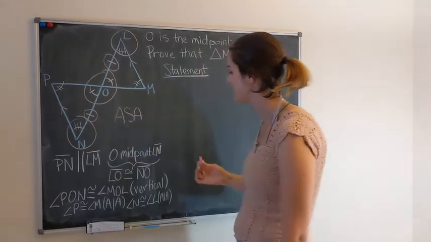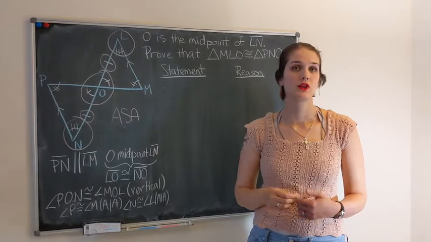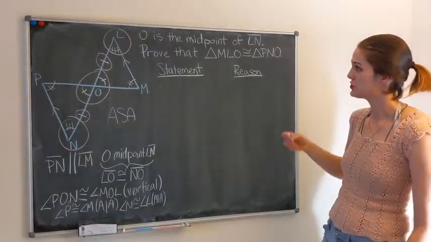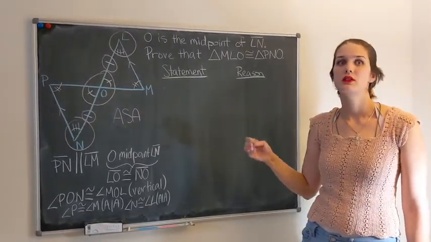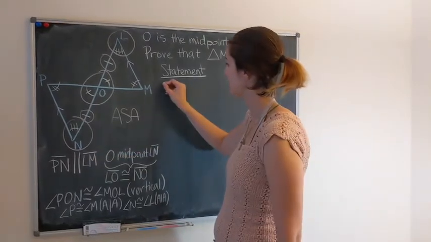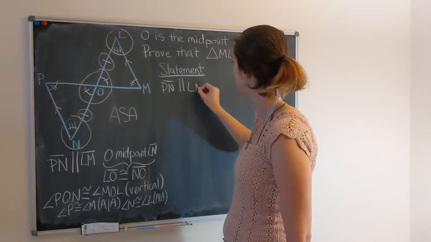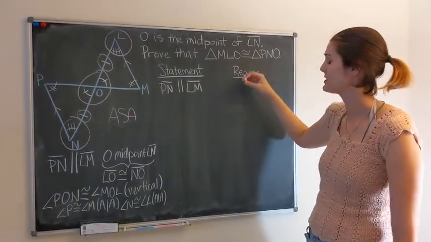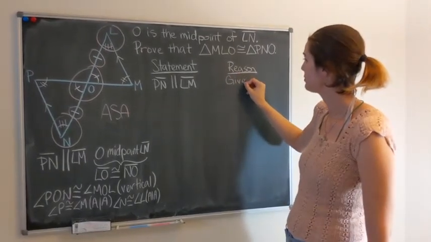And so now I'm ready to write my formal proof. The first step is to start out with the things that we were given in the problem that we used. So in this case, that PN is parallel to LM. So I put that in my statement column if we're writing this sort of formalized two-column proof, and its reason is just that it was given in the problem.